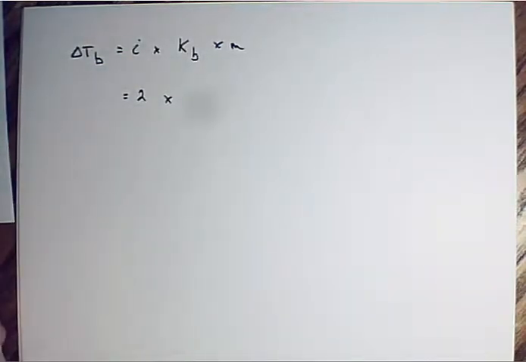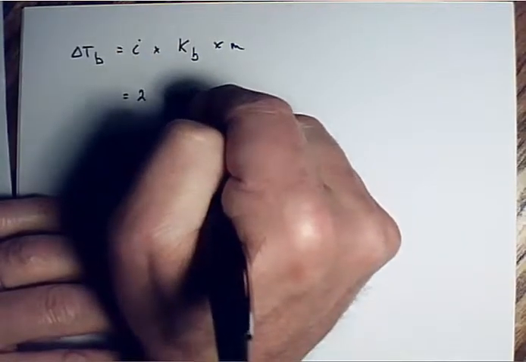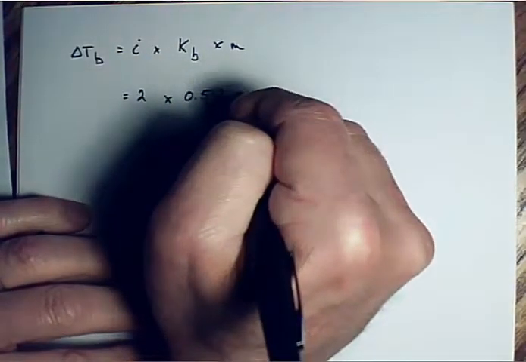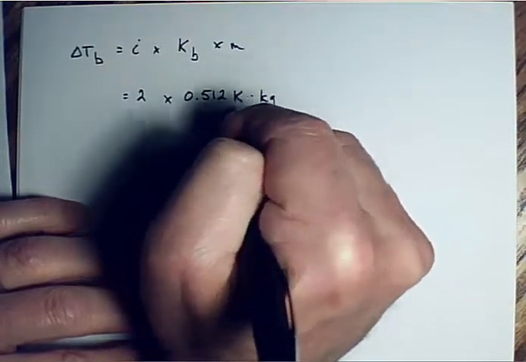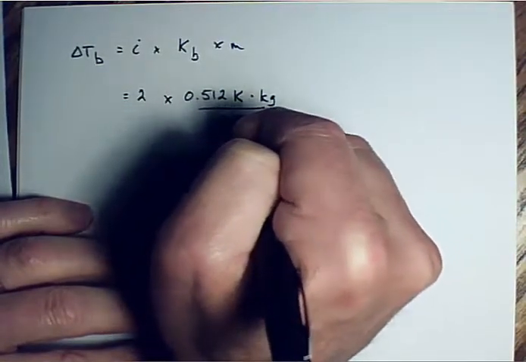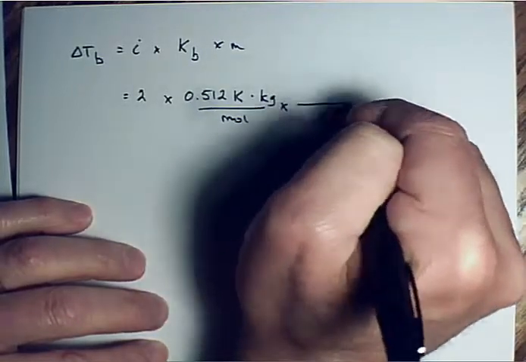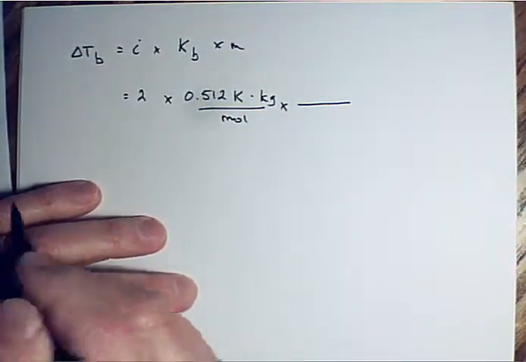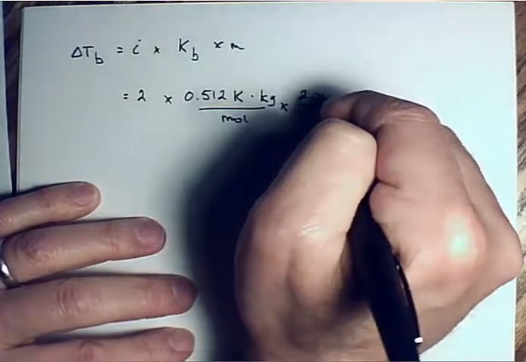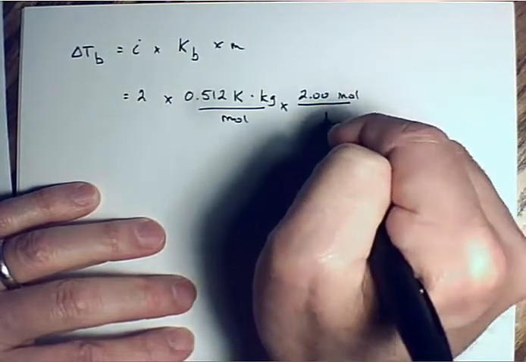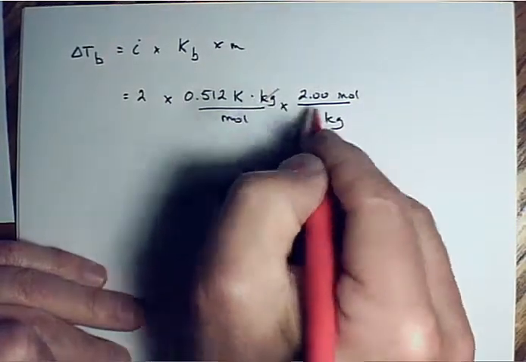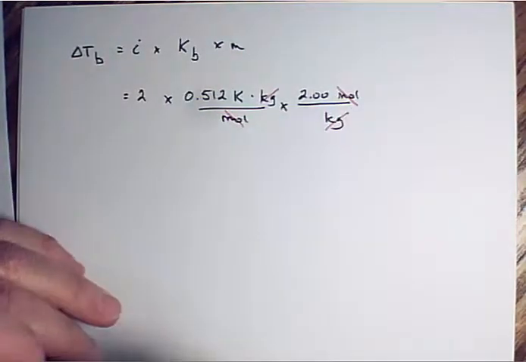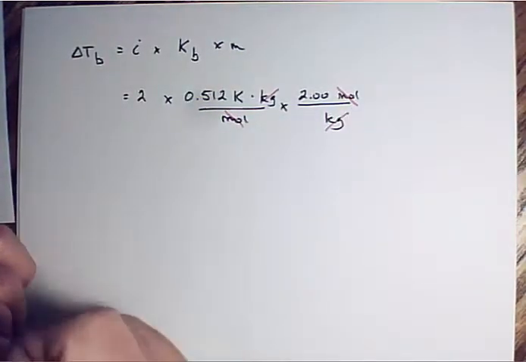But what is the boiling point constant for pure water? 0.512 Kelvin times kilograms over moles. And what's the molal concentration? 2.00 moles per kilogram. We can cancel out units and do the math.